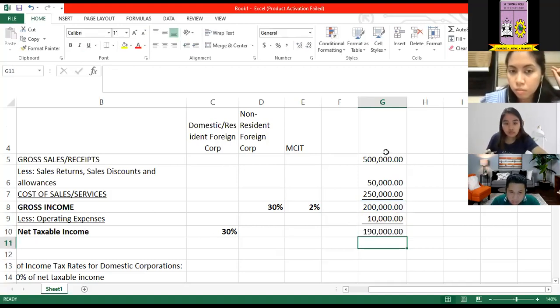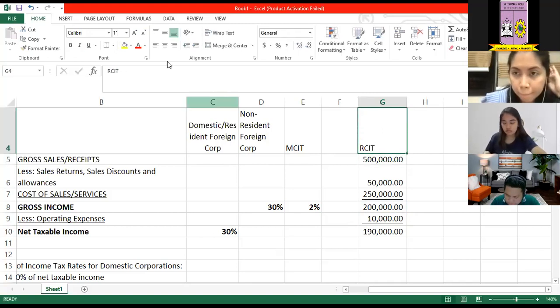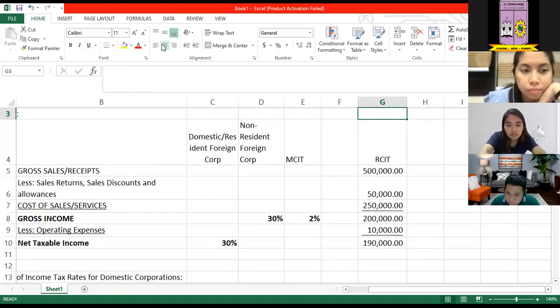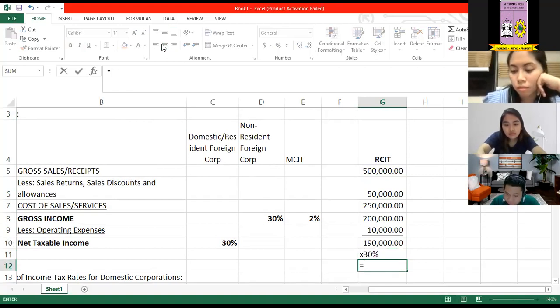So, normally, regular corporate income tax, okay? Kung magsagot kayo, wag nyong i-abbreviate ng RCIT. Bawal yon. Mortal sin sa akin yan. Dapat you spell out. Normally, you will multiply that by 30%, right? So, times 30%.